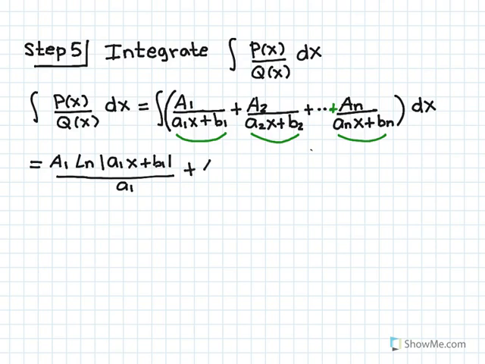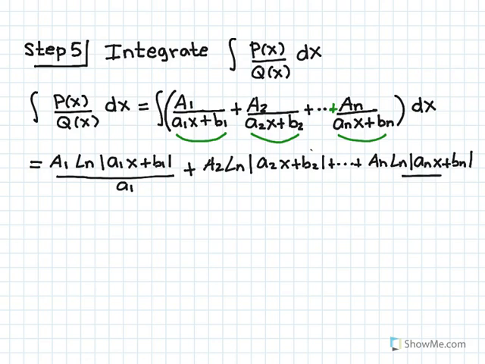Integrating the second term, we get A2 times log of a2x + b2, divided by a2, all the way up to integrating the last term, we get An log of anx + bn divided by an, plus C. Let's not forget to divide by a2 here because of the u-substitution technique.